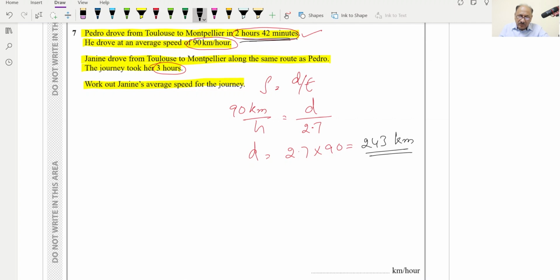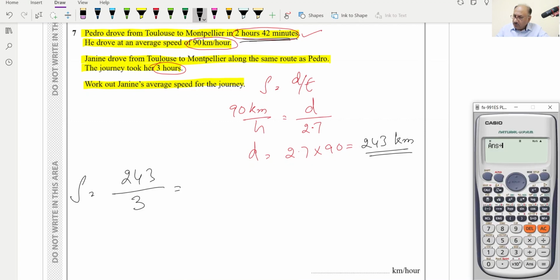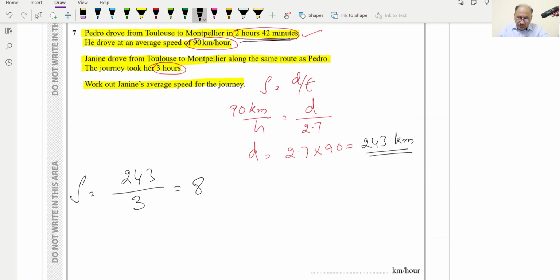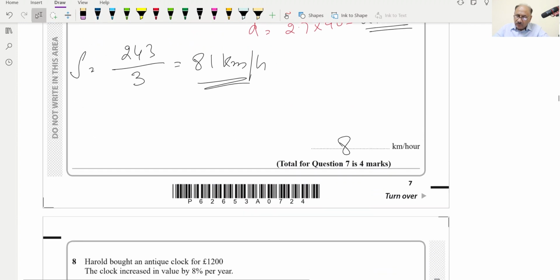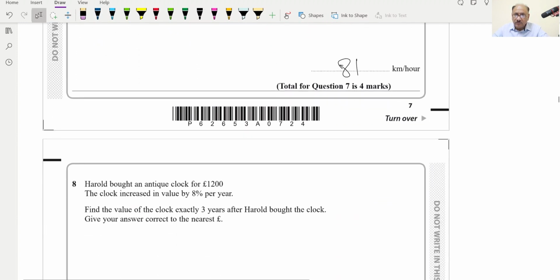Now we can calculate the speed for the second journey, which is the distance 243 divided by the time, which is 3 hours, and this will be 81 kilometers per hour. This will be our final answer which we can provide over here, 81 kilometers per hour.